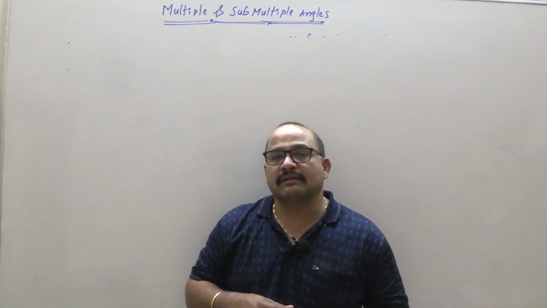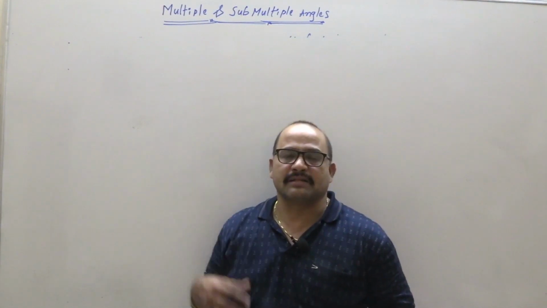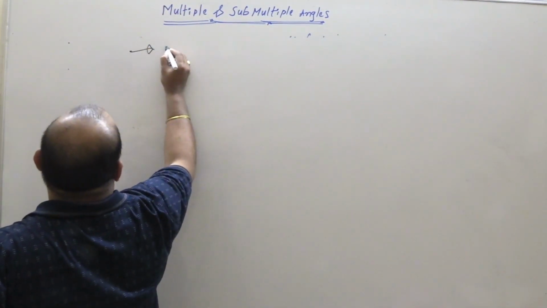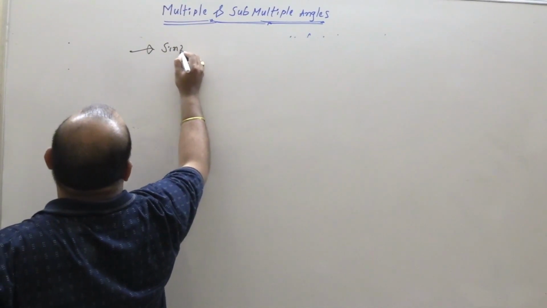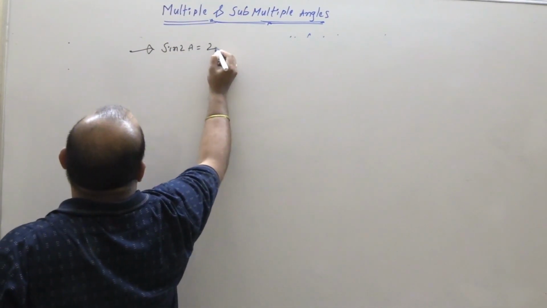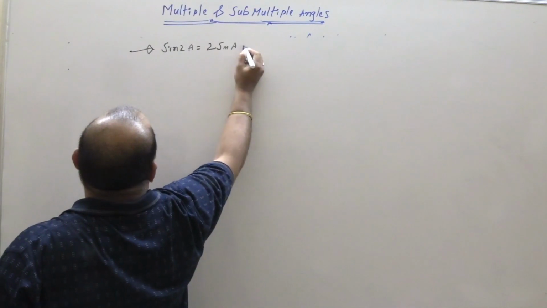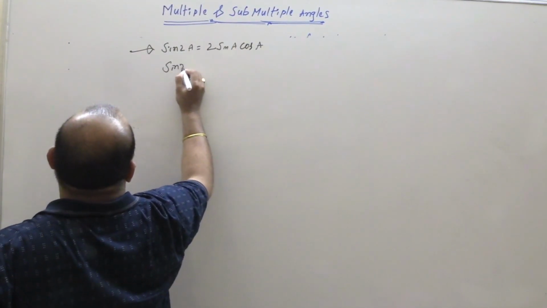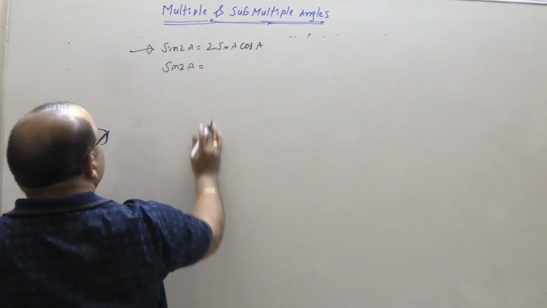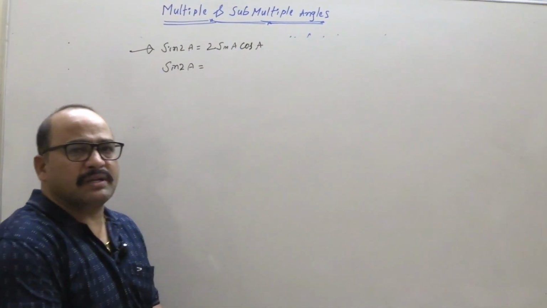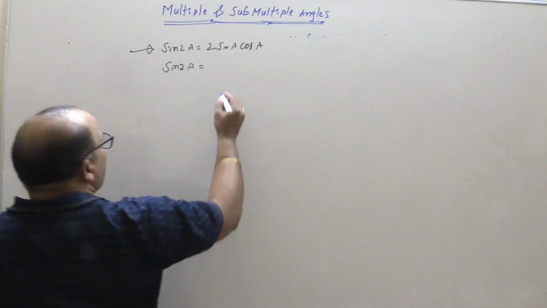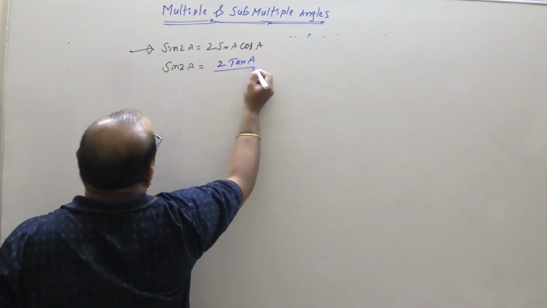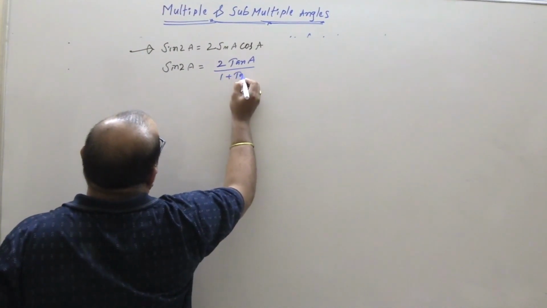Slowly, students, a little bit of doubt will arise in this concept. Either the sin 2a formula 2 sin a cos a, this is the formula. One more formula: sin 2a is equal to 2 tan a by 1 plus tan square a.